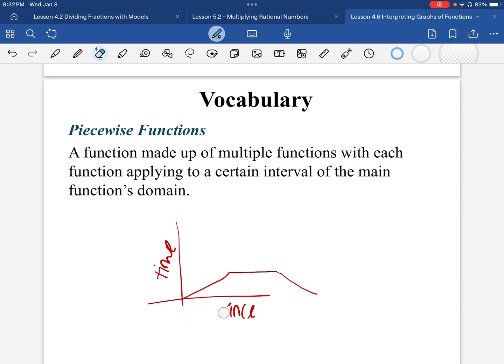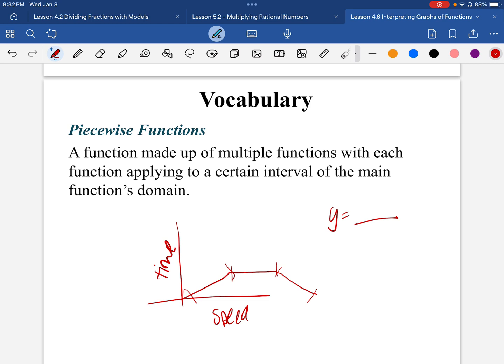So if it's distance, time, and this one could maybe be like speed or something. But it's like they're running really fast, then they're kind of plateauing, and then they are running back home or something. So that's just showing their intervals of rate of change and how fast they're going. So each of these little chunks of the graph is made up of a different y equals whatever function.